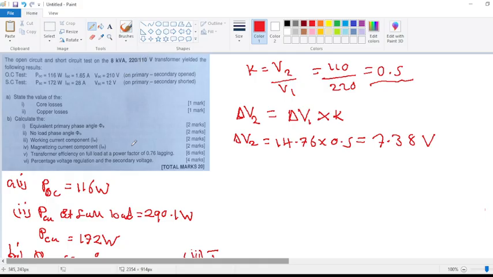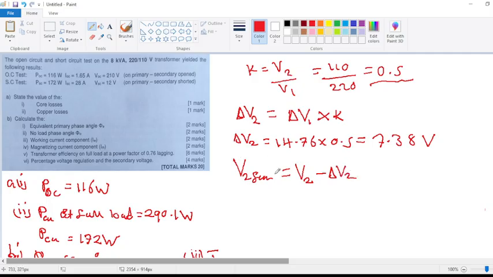Then how do you calculate the secondary voltage now? Here they're talking about the secondary voltage, and this secondary voltage is going to be at full load. So the voltage on the secondary side at full load has to be equal to the voltage on the secondary side minus the voltage drop to the secondary.